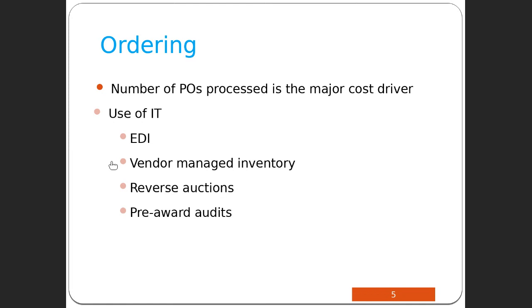So obviously there is a trust between the buyer and the seller, where the supplier comes and handles the inventory on behalf of the buyer. So the vendor manages their inventory. This is the case for all vending machines. You may have seen the vending machines, right? They are replaced by the vendor. So this is vendor managed inventory.